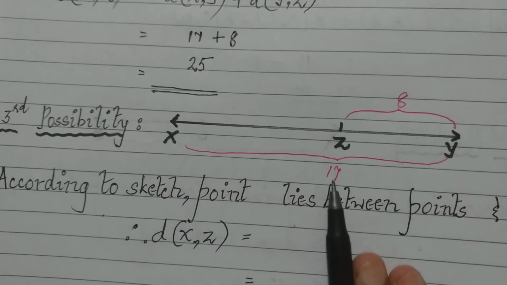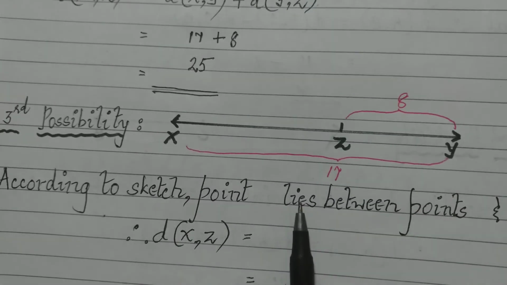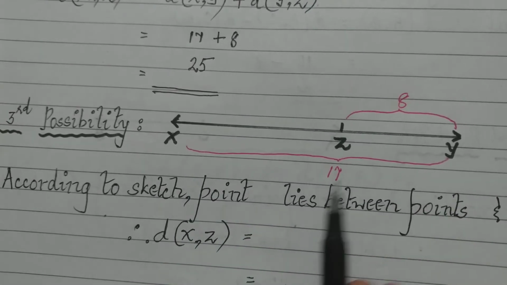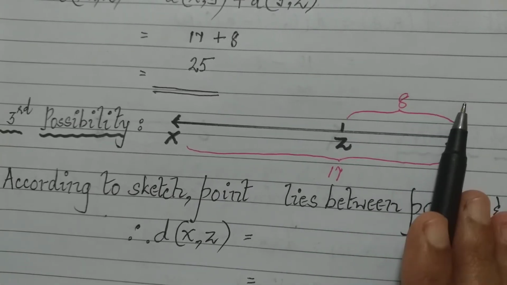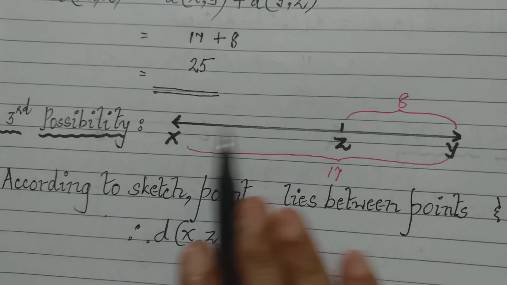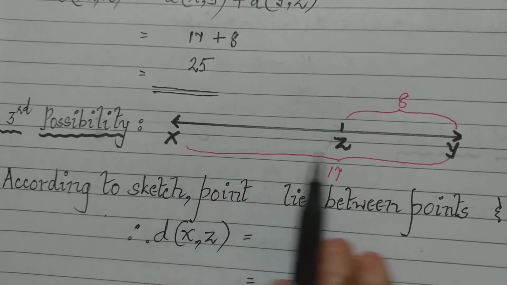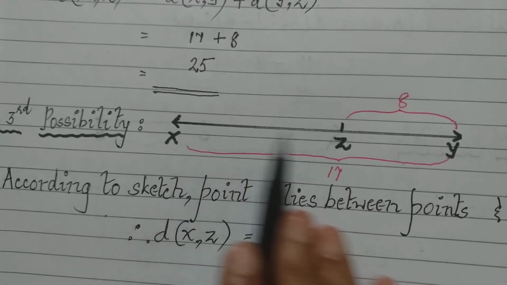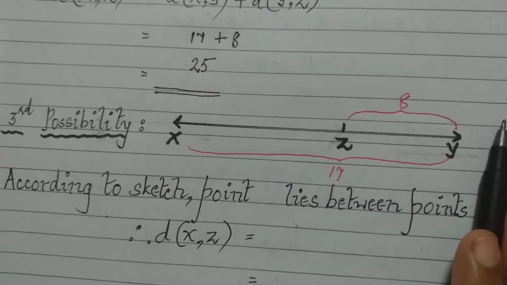Distance between x and y is 17 and between y and z is 8. Is that possible? Yes. This entire distance is 17. This small part, this distance is 8. So this is right. Then we can find out this other distance. What is this distance? The distance between the points x and z. That is what we have to find. So how will we find this distance? This entire distance minus this distance.